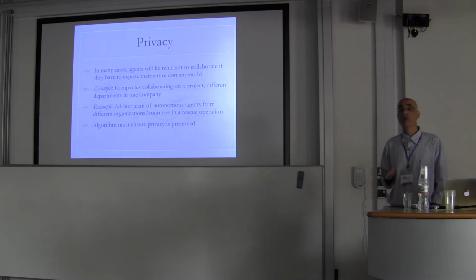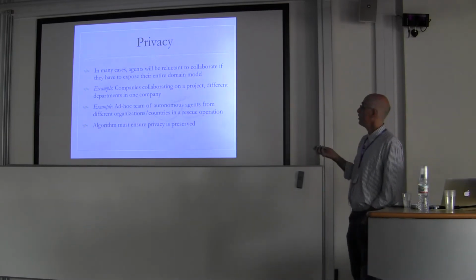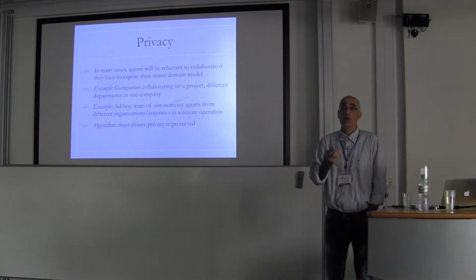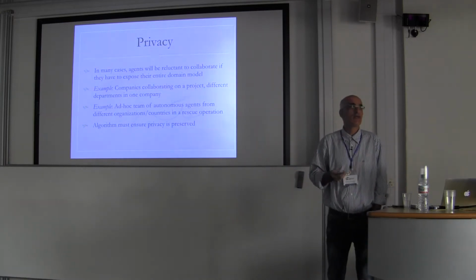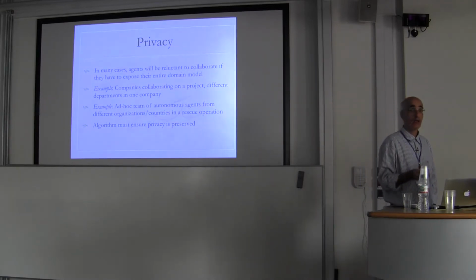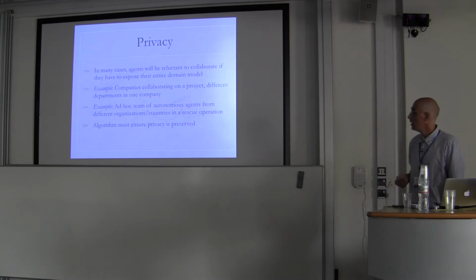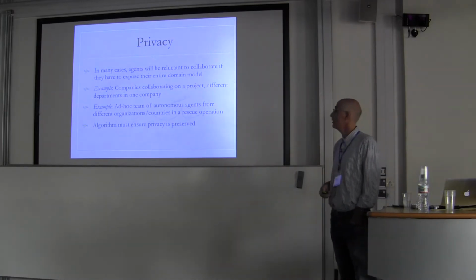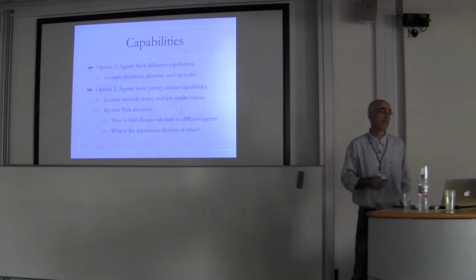So we need to come up with algorithms that somehow ensure that this privacy is preserved. We also have to define what it means for the privacy to be preserved. So we need formal tools, we need algorithms for that, and that's a big area of research in the past few years, especially in the multi-agent planning community.